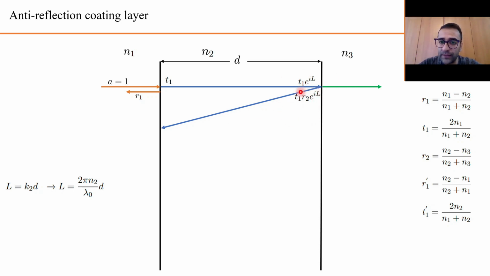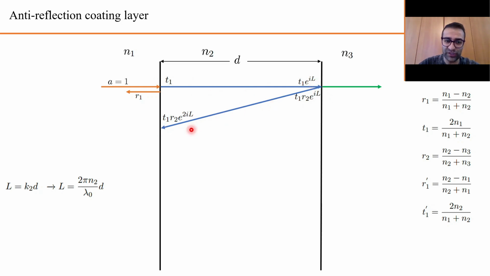Therefore, what will happen to the reflected light from here? We know that the amplitude should be multiplied by R2, right? Because we need to calculate the fraction of a reflected wave from this interface. The coming wave is T1 exponential of iL, and we just multiply the amplitude with R2. And when the wave again travels the same distance, and the real distance is this one, not this one.